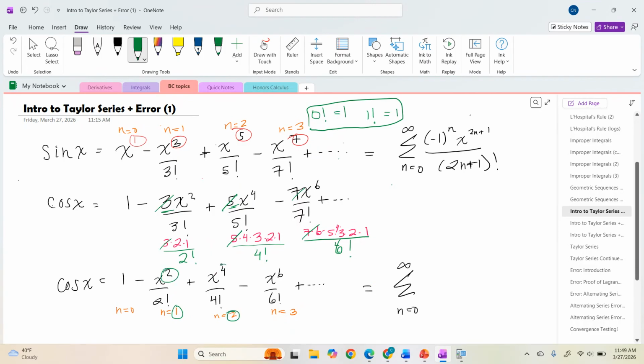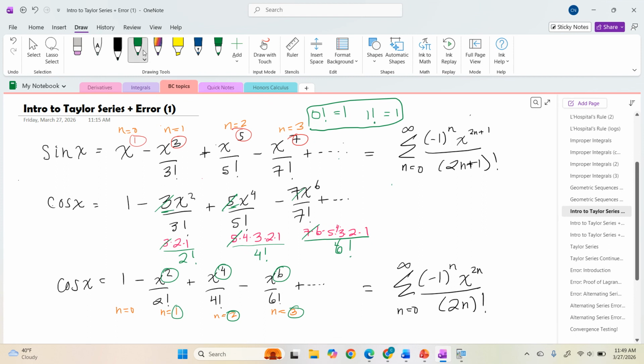When n equals 2, my power is 4. When n equals 3, my power is 6, and the factorial matches. So we have a doubling connection going on here. Always look for patterns like that. So let's try out if this sign changer will work, negative 1 to the n. So whatever I have here, I multiply by 2, and the denominator is the same.